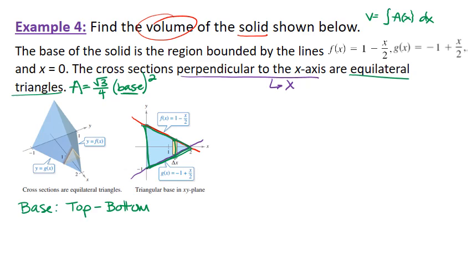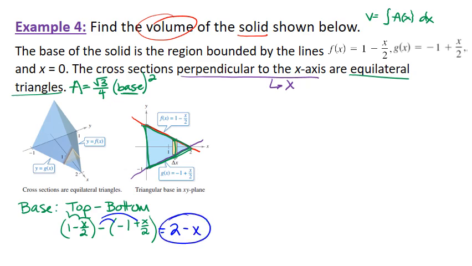So if I want to find this, the top is f of x, or in this case, 1 minus x over 2, minus the bottom. The bottom is g of x, in this case, negative 1 plus x over 2. So I can distribute this negative, and when I simplify all of this, I find that my base is simply 2 minus x.